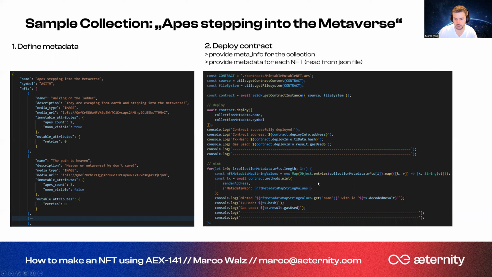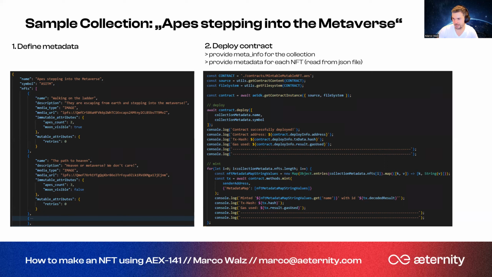This is executed 8 times. After this is done, we have basically created our collection and minted all the NFTs we wanted to mint. It's easy as that. You can really follow that in the GitHub repository.